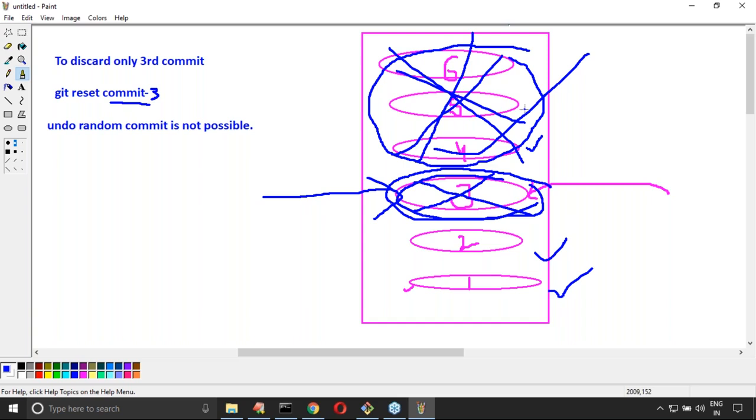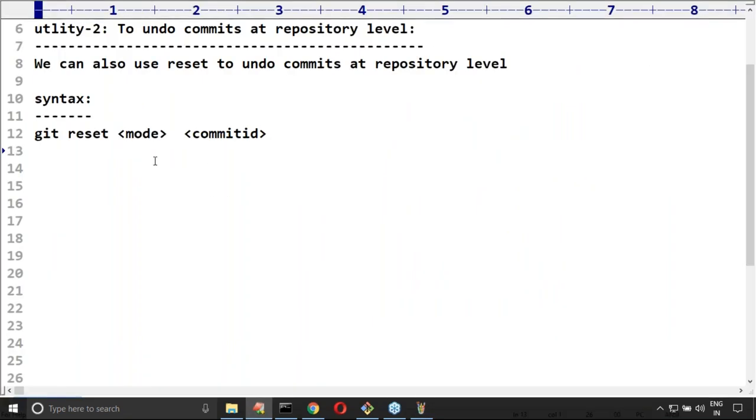Remember that head will be moved to the specified commit. Now you provided commit 3, that's why head is moving to the specified commit. Now have a look. Is the behavior clear for all of you?